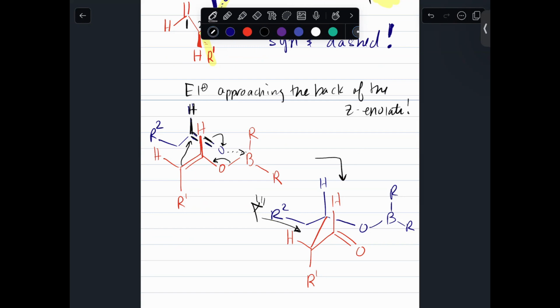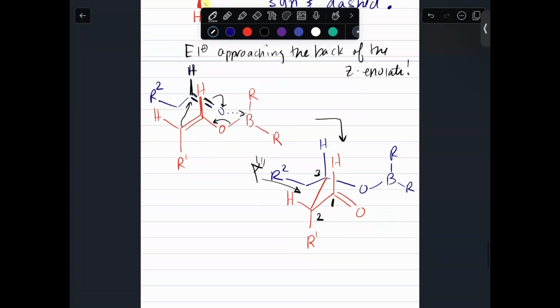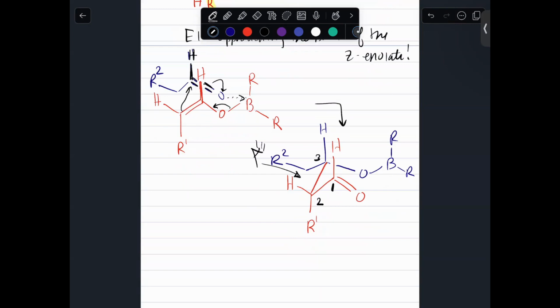I'll number these. 1, 2, 3. Please notice that now the numbering is from right to left, as opposed to left to right, which is what it was before. Okay? So just like before, I like to start off with my carbonyl, which I always number as 1. But again, my carbonyl group is now on the right.